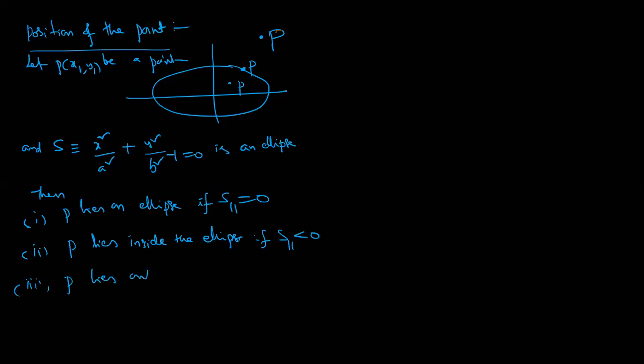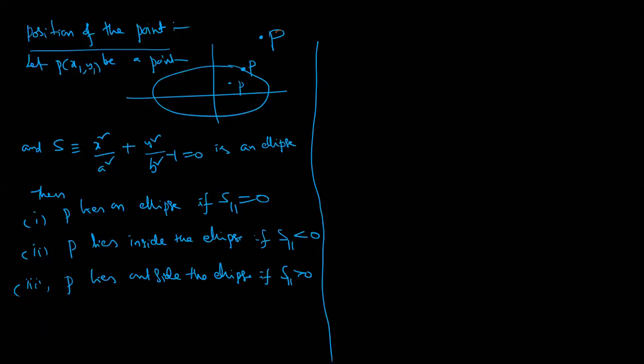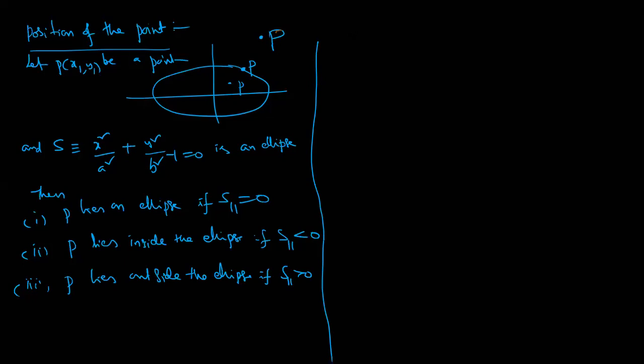P lies outside the ellipse: S11 is greater than 0. Right?